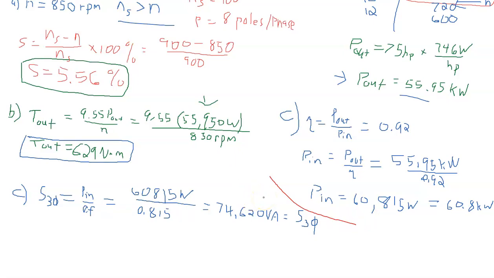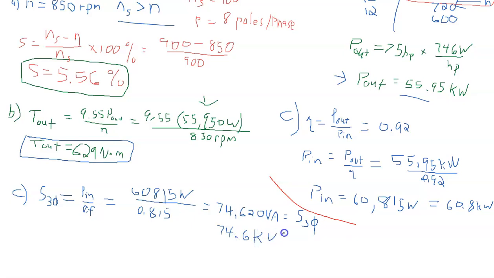So when I give this particular question on a quiz or a test, if you don't include the proper units for S, P, and Q as voltamps, watts, and voltamps reactive, then there is a mark included in my grading scheme for units on power. And so if you call them all watts, for example, which is a tendency to do, then you'll lose a mark for that, because I feel it's important to distinguish between the different units for power. And so here we can call this, if we want to, 74.6 kVA.